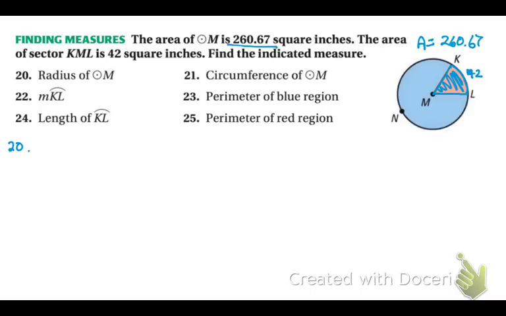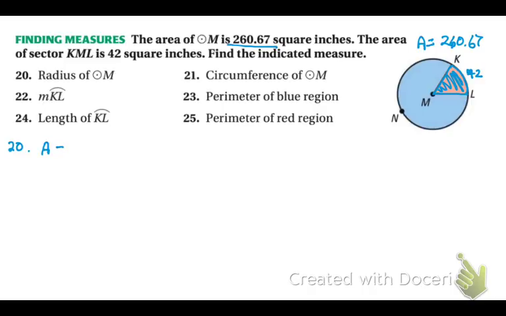The radius of circle M. You look at your theorem sheet and go, I don't have any theorems that tell me how to find the radius. But you need to look at what you do know. You know the area, and you also know the formula for the area is pi r squared.